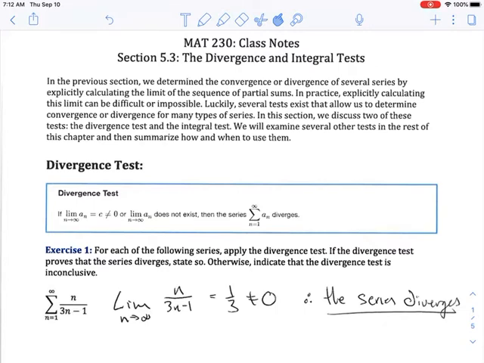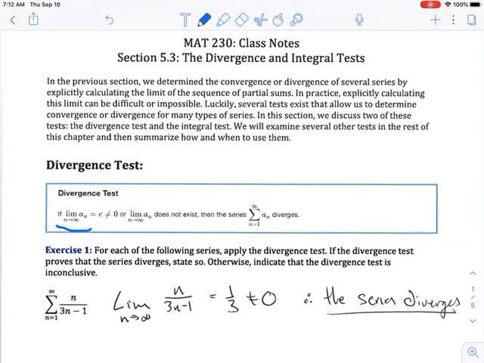So first of all, the divergence test says if the limit as n approaches infinity of a sequence, now let's be very clear here, this says we are taking the limit of a sequence, a sub n.